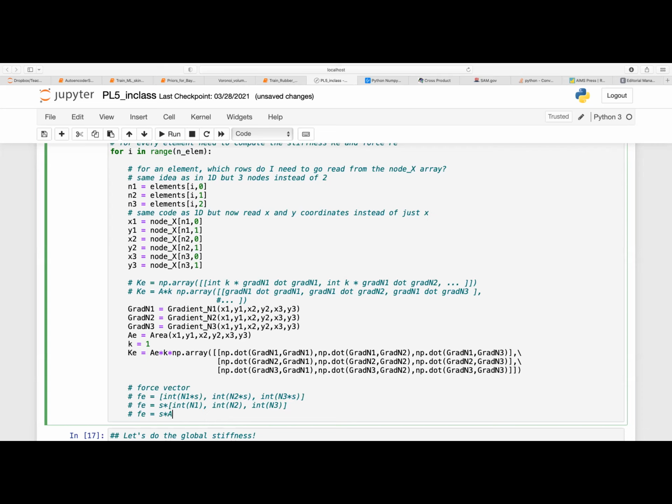So this ends up just being that. So then the force vector is just A times S, so AE times S times np.array of 1/3, 1/3, 1/3.